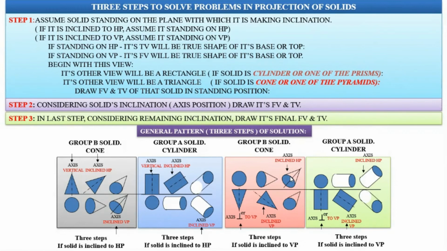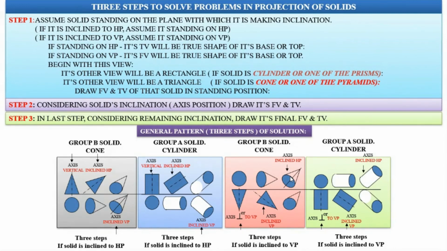The true shape of the base or the true shape of the top will be obtained in the front view when the object is standing on VP. But when the object is standing on HP, the top view will give you the true shape. That is why we always start with the true shape of the section or of the object that we want to draw.